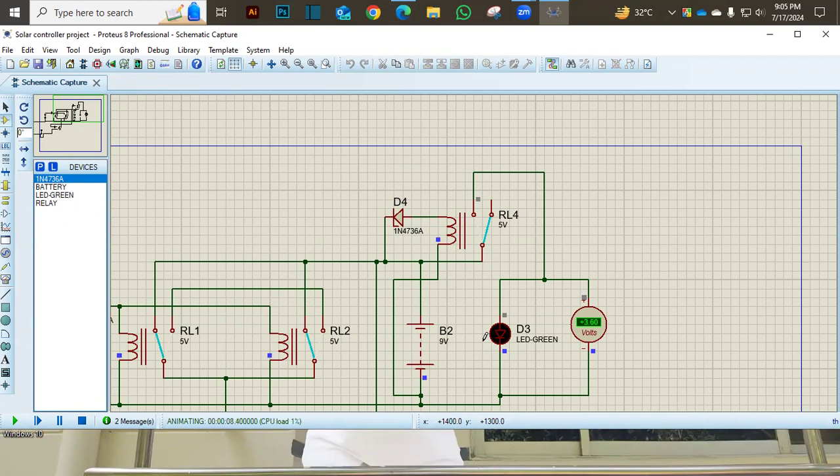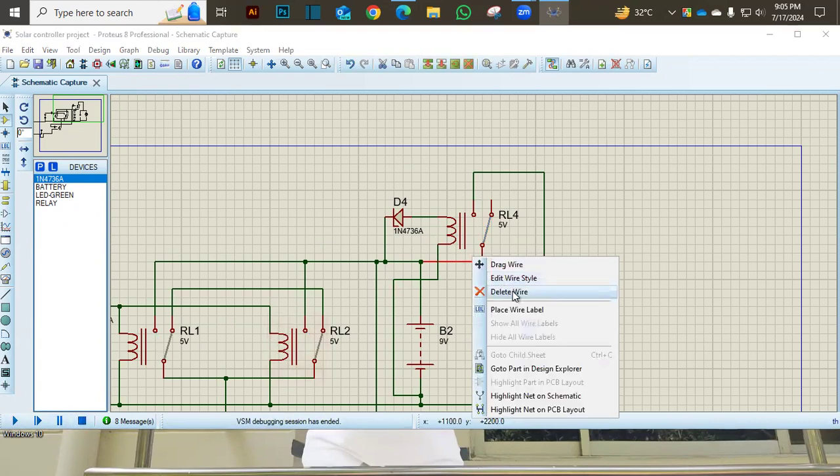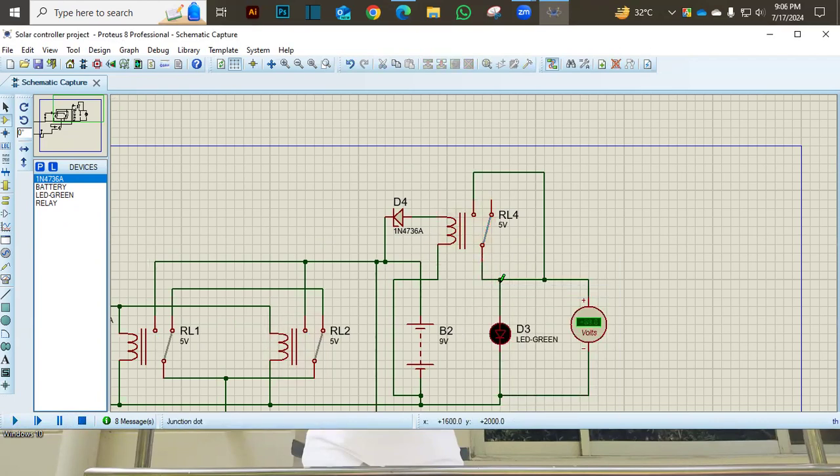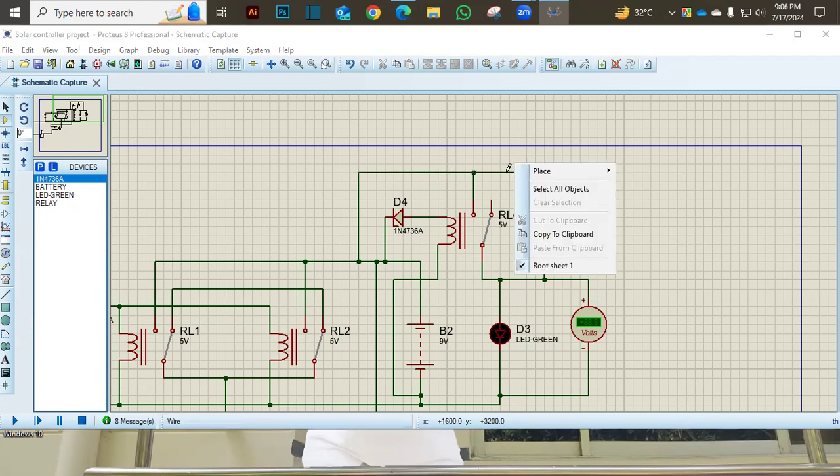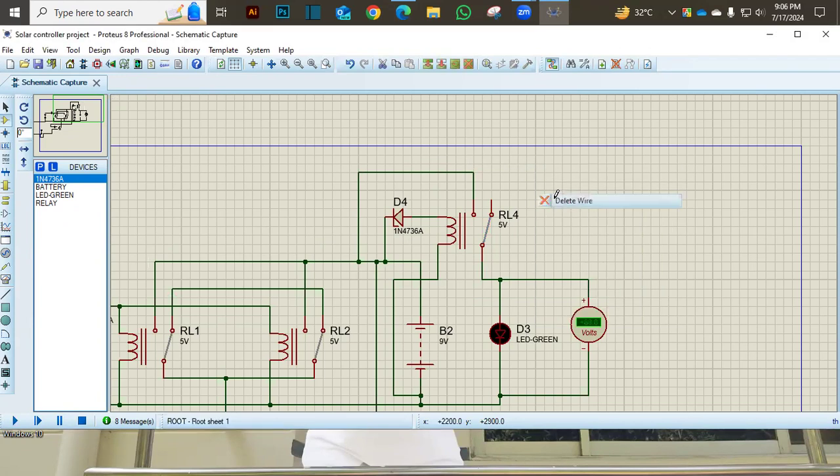Okay, now we can transfer a single wire from this level, and this will be shifting here. We also see here that no current will pass through this LED.